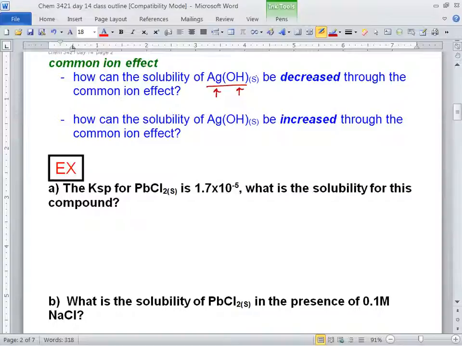However, you can also use the common ion effect to increase the solubility, right? A positive thing. Kelly, how could that be? How could the ion effect be used to get more silver hydroxide to dissolve? You have to have less silver or less hydroxide, right?